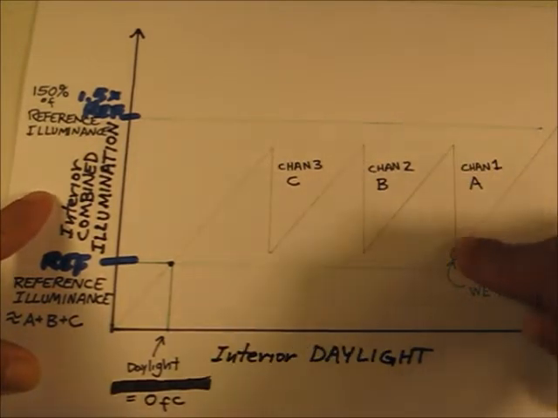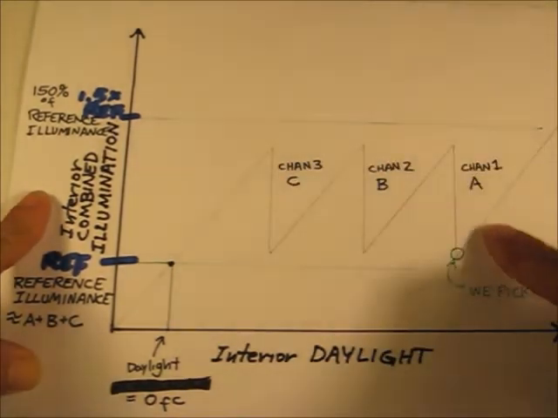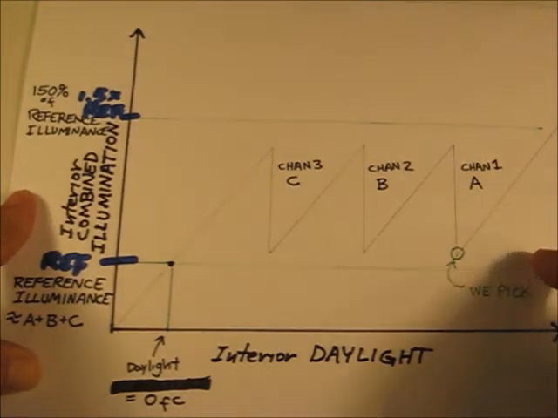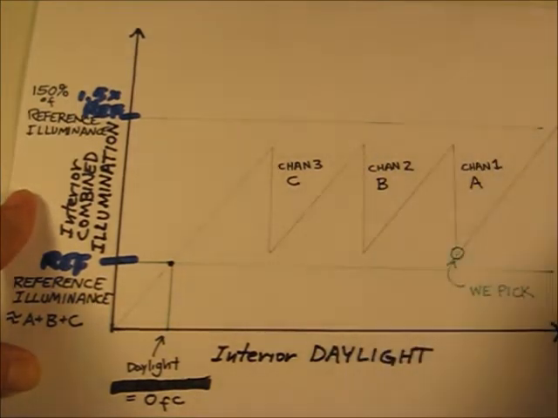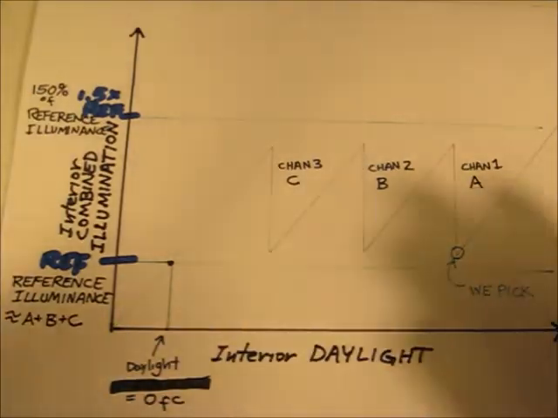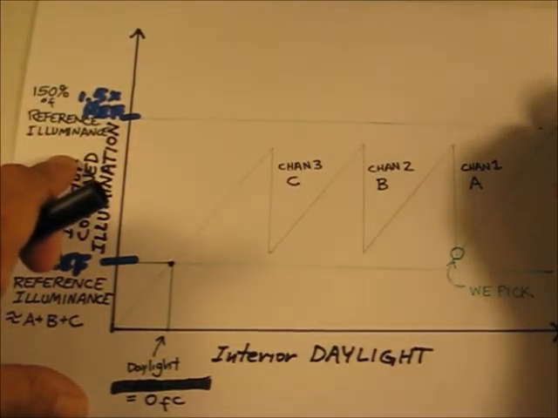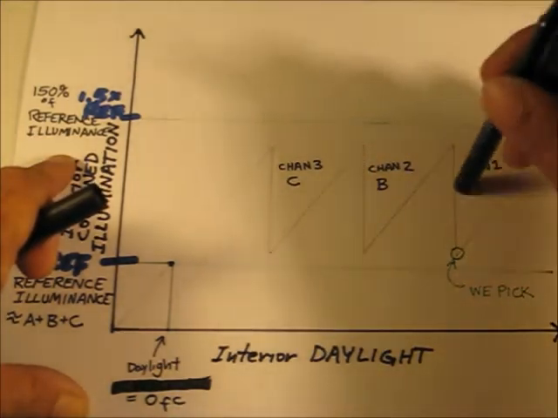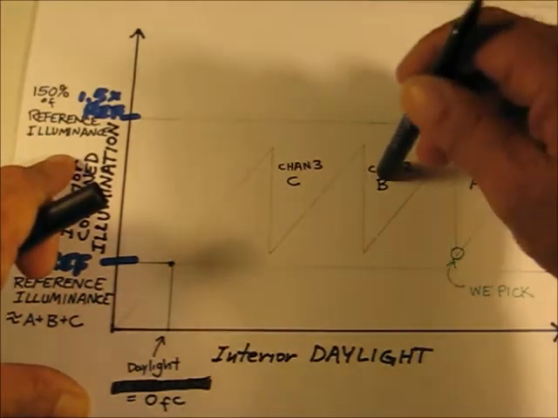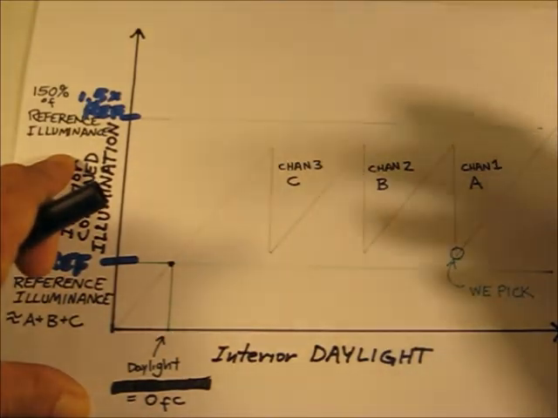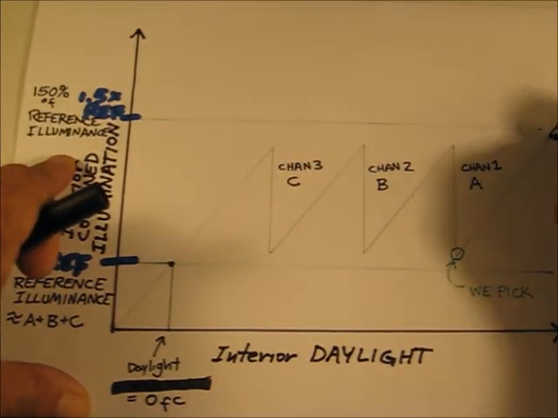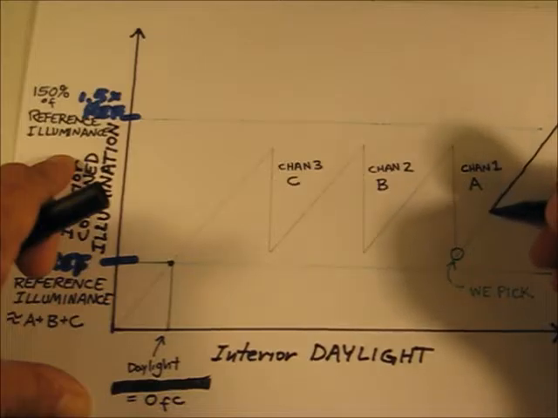Okay, let's try that again with a slightly better diagram, because I goofed the last one up, but the principles remain the same. We start with all 3 stages of lights, A, B, and C, channel 1, 2, 3, turned off. Daylight decreases into the space.